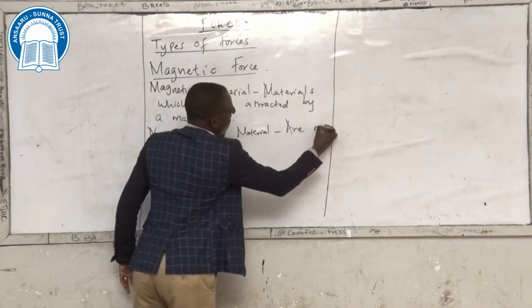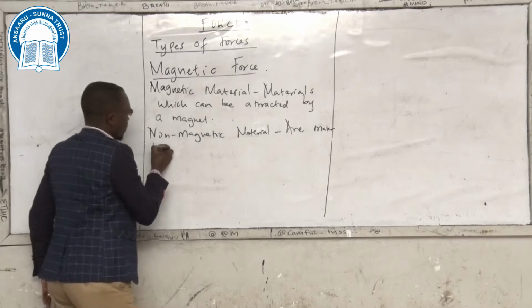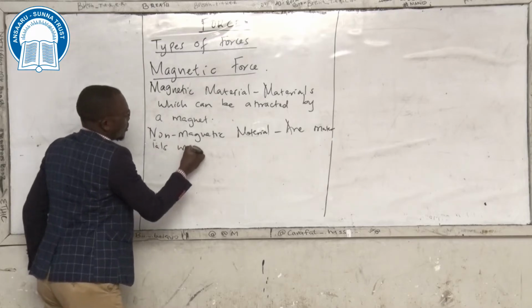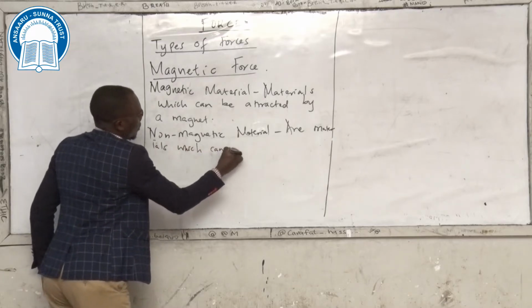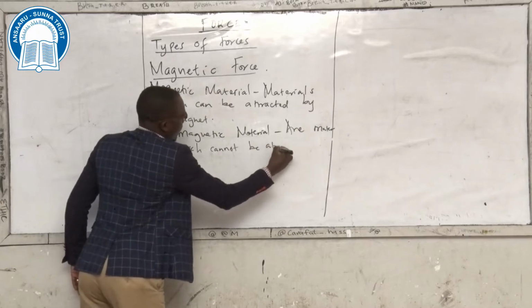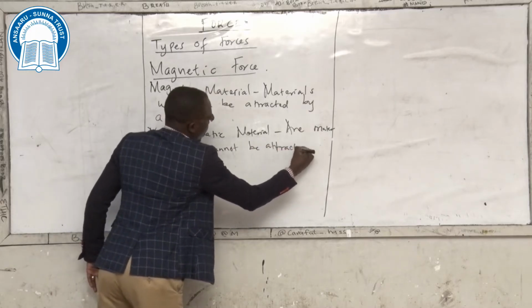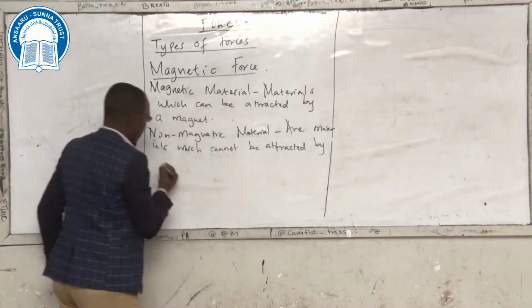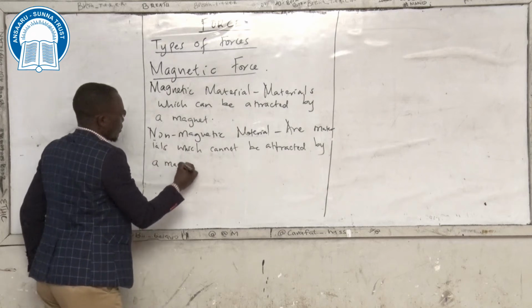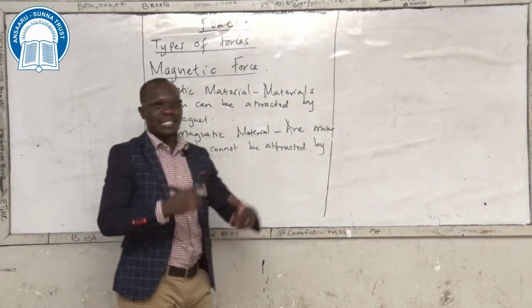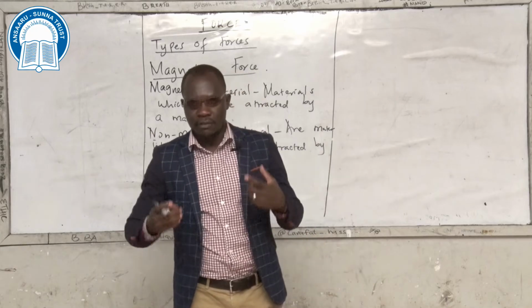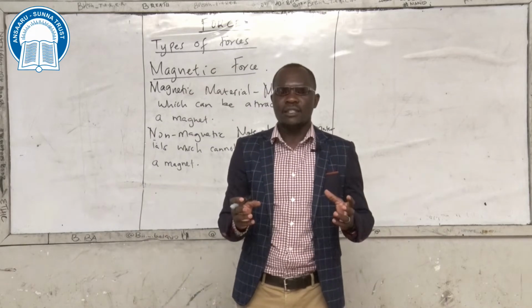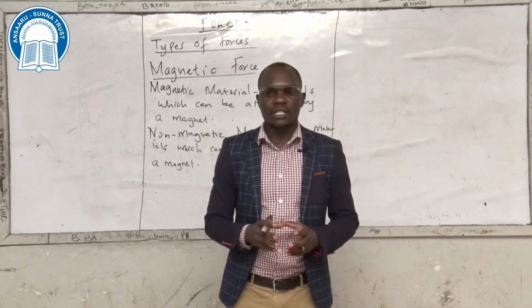These are materials which cannot be attracted by a magnet. So that means that magnets do not just attract any kind of material. We have materials which a magnet can attract, and we have materials which a magnet cannot attract.